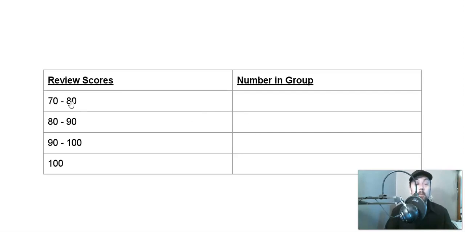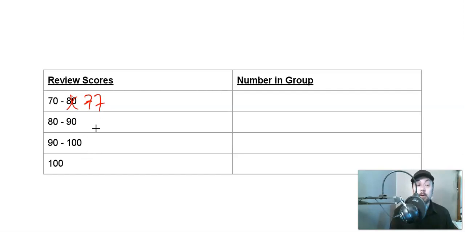So you need to be careful when you're setting up your groups, your classes, that there's no overlap, that where one ends, the next one begins. And also you don't want to have any gaps. I didn't do an example of that, but you also wouldn't want to do something like 70 to 77 and then 80 to 90, because what about 78? What if that occurs as a critic review score?